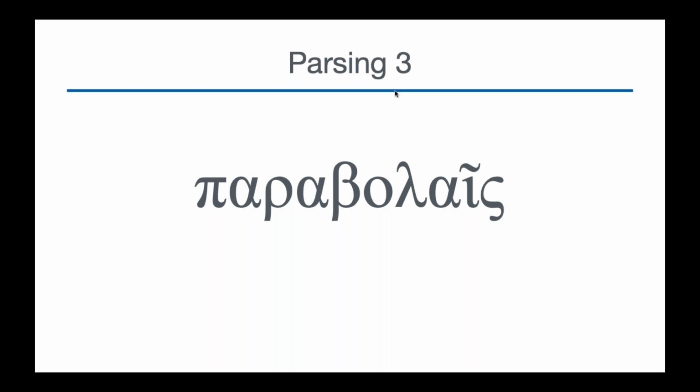What's the lexical form? Parabole. Parable, right? And it's the same thing with an eta after the lambda. How do you spell it in English? P-A-R-A-B-O-L-E.